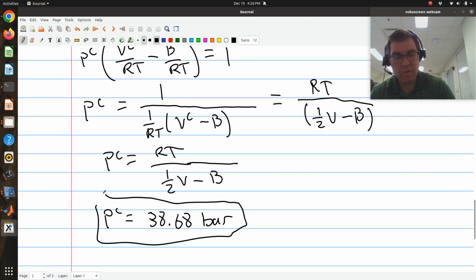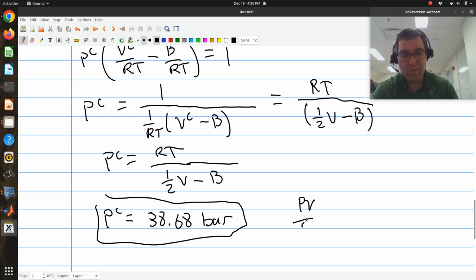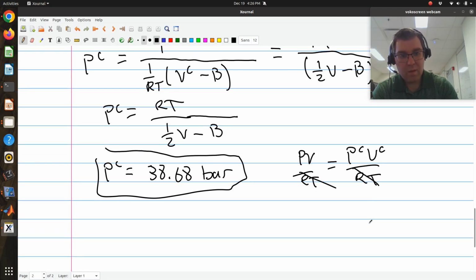Okay, and just as a note too, as a sanity check, if my system obeyed the ideal gas equation of state, right, so if I had an ideal gas, then PV equals RT, or PV over RT is equal to 1, right? My compressibility is 1. Instead, PV over RT would be equal to PC VC over RT. So this is if I had an ideal gas.